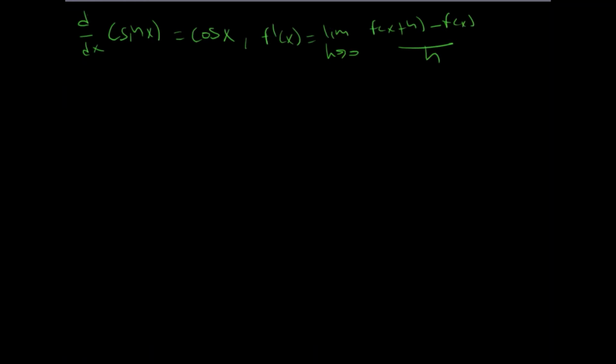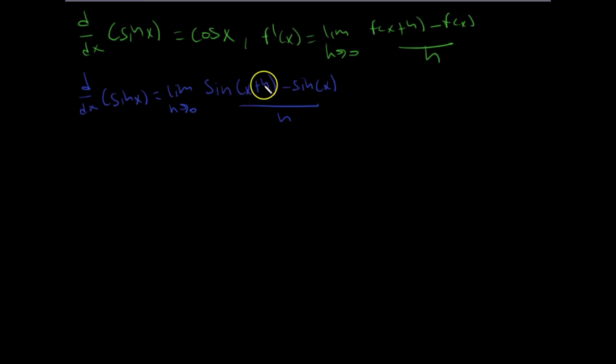So if we apply this to the sine function, let's say that the derivative d/dx of sine x equals the limit as h goes to 0 of, plugging in our function, sine of x plus h minus sine of x all over h still.